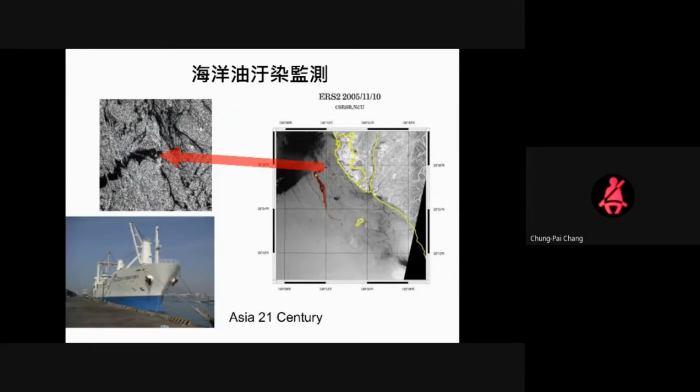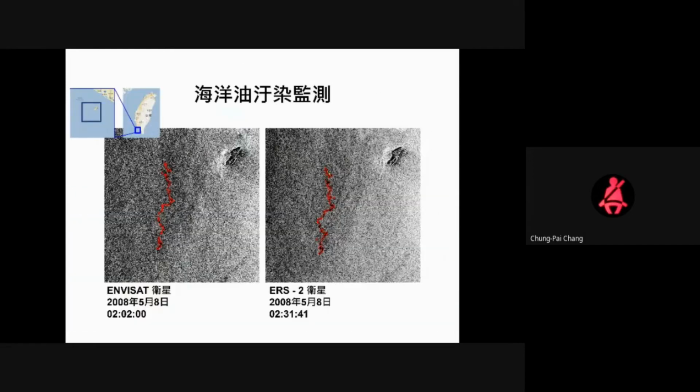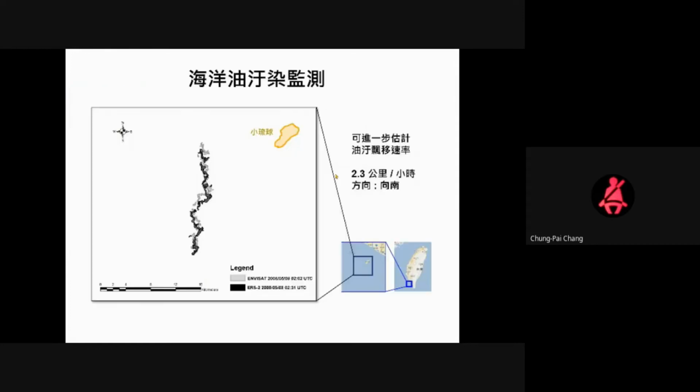And you can see some details. Okay, some details here also. Okay, this is another event around the small Ryukyu area.